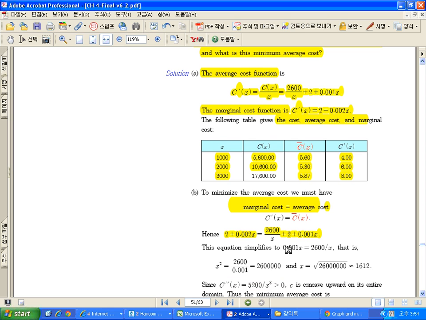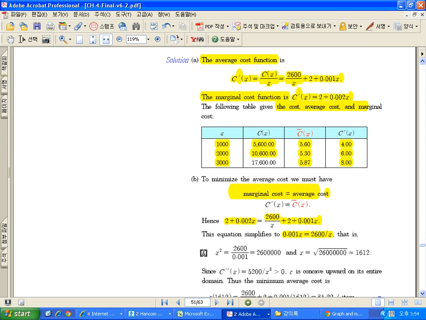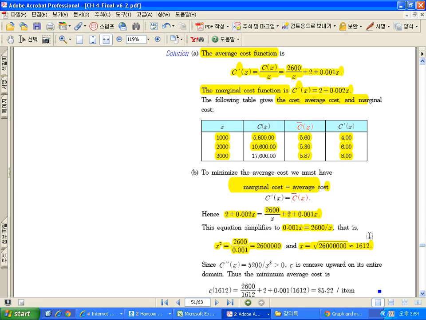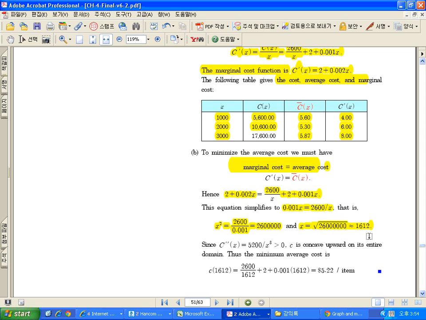Solve it. Then we have this relationship, which means X squared is equal to this, so X is about 1,612. That's the point.